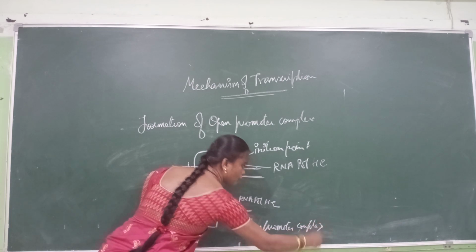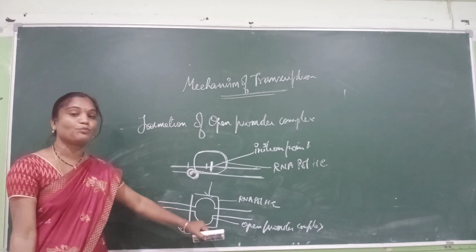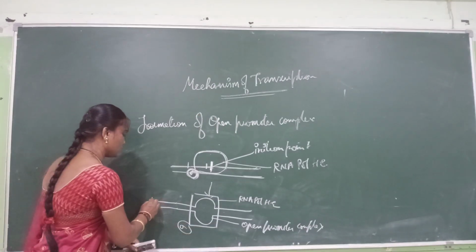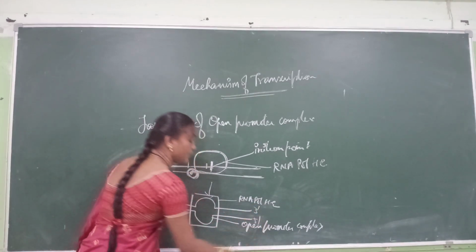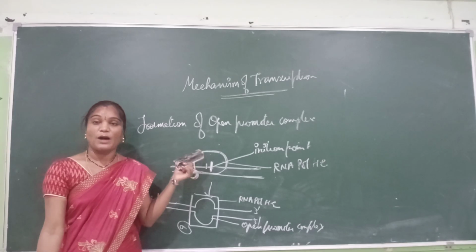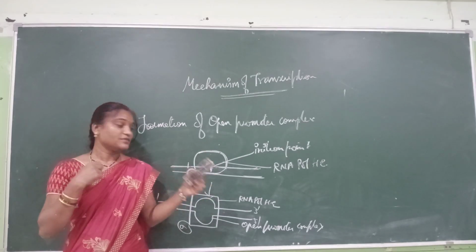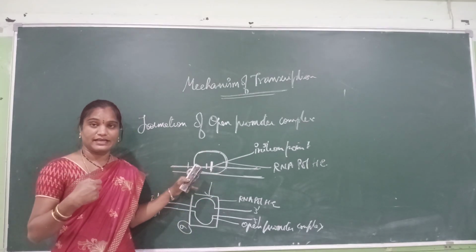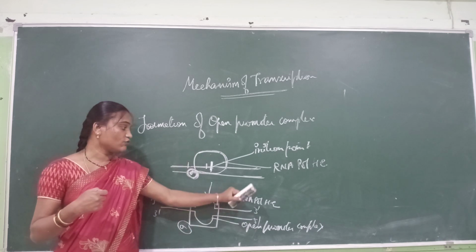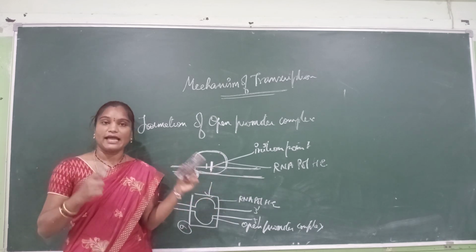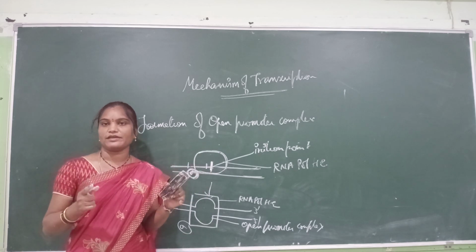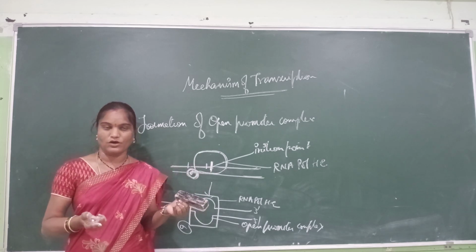So before going to initiation, this open promoter complex is formed on your DNA template strand. Before this, the sigma factor recognizes your promoter sequence, that is nothing but your TATA box, and that particular TATA box in prokaryotes is termed the Pribnow box.